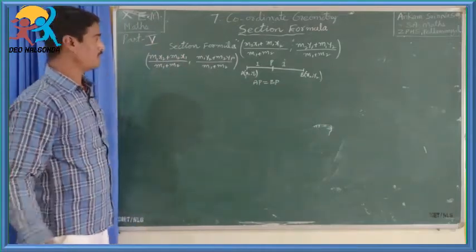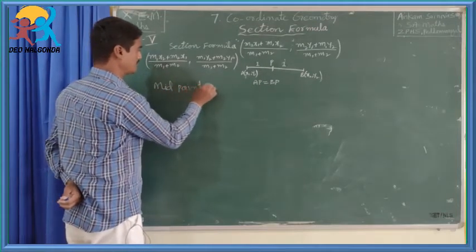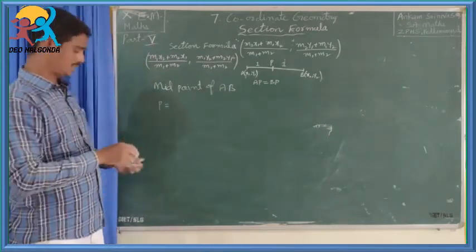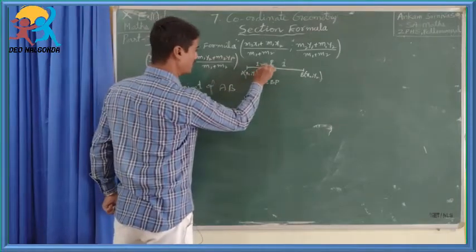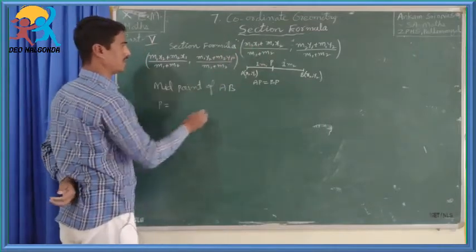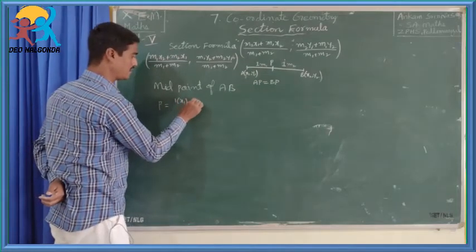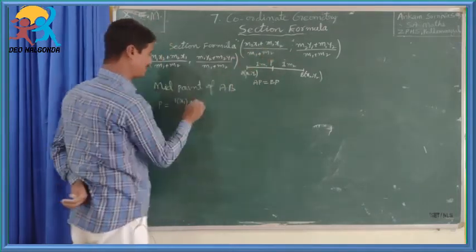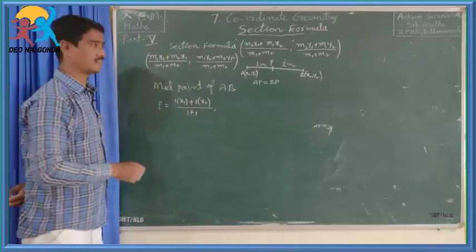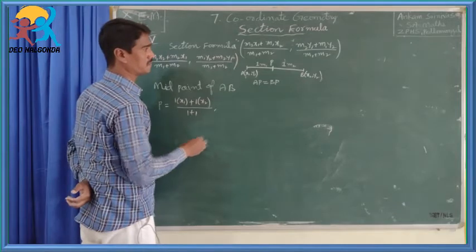Now how to find the midpoint of AB? Midpoint of AB, P equals, here M1, this is M2. So we get M2 x1, M2 is 1, M1 also 1, 1 of x1 plus M1 x2, 1 of x2 by 1 plus 1, and same here M2 y1 plus M1 y2 by M1 plus M2.